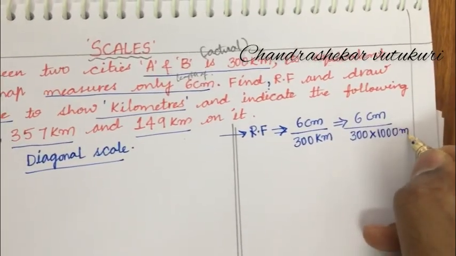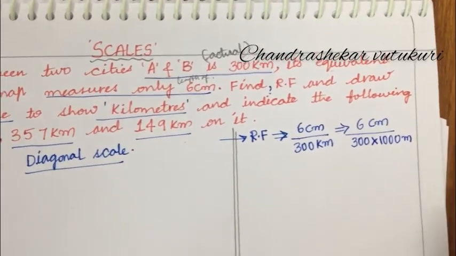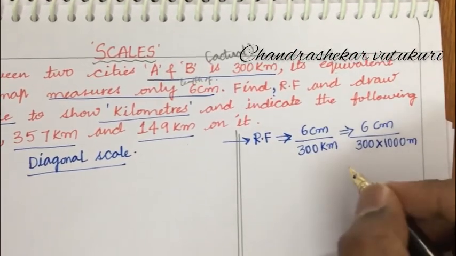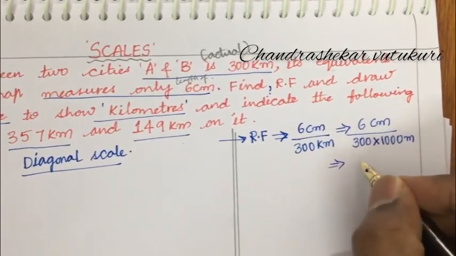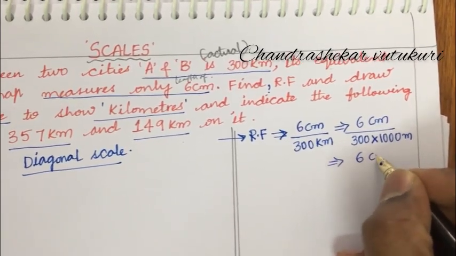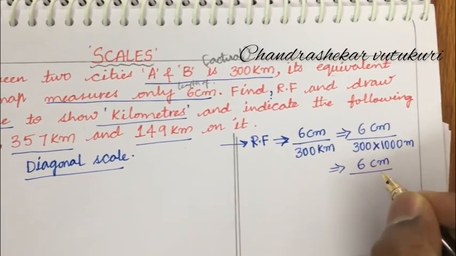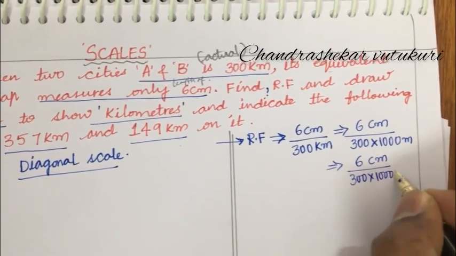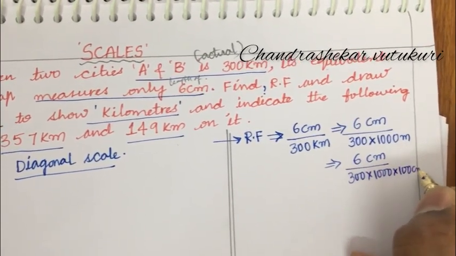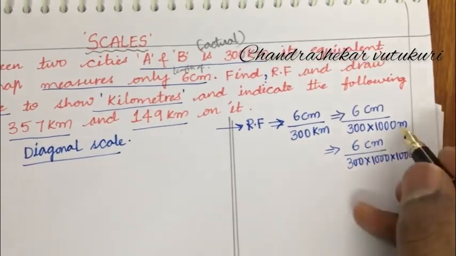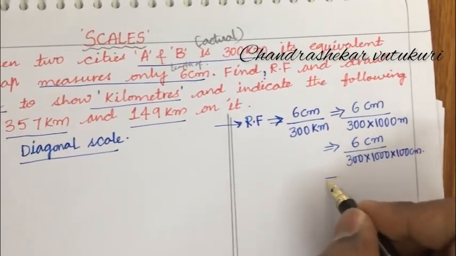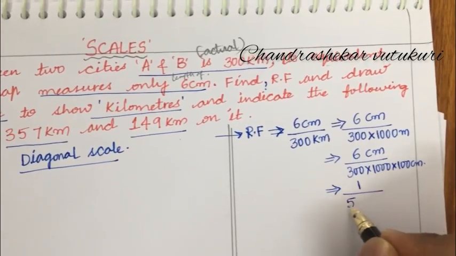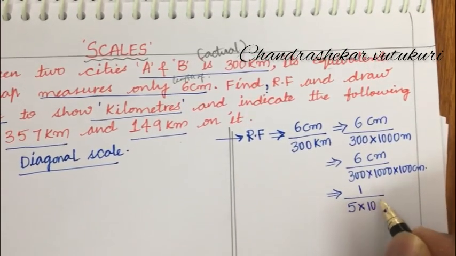It is again meters, but I need to convert into centimeters. So this becomes 6 centimeters divided by 300 into 1000 into 100 centimeters. Upon calculation, it is found to be 1/5 into 10 power 6.